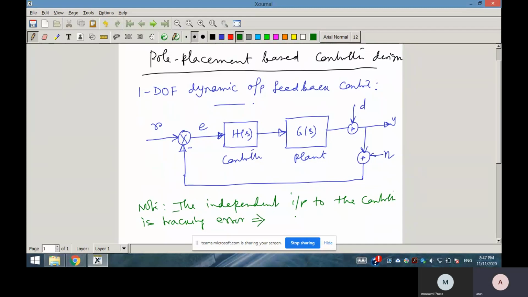This implies one independent input, which implies 1 degree of freedom control. So in case of 1 degree of freedom control, tracking error is the only input.